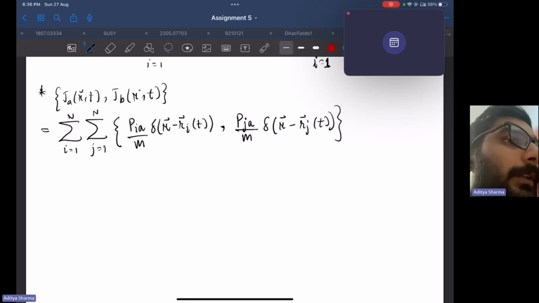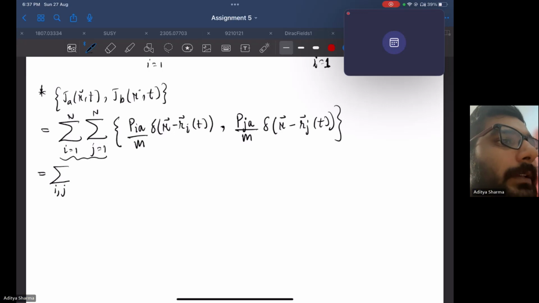Now, when we do the Poisson bracket, so we will have something like, so Ij means I'm clumping these two and writing this as Ij. Poisson bracket, and there's also 1 by m square. So I'll write this way. So this will be Dirac delta of.